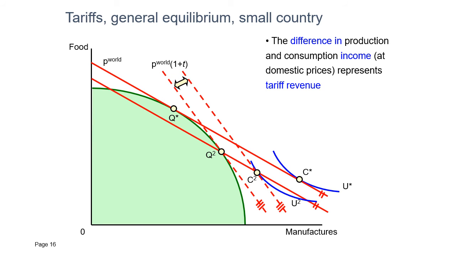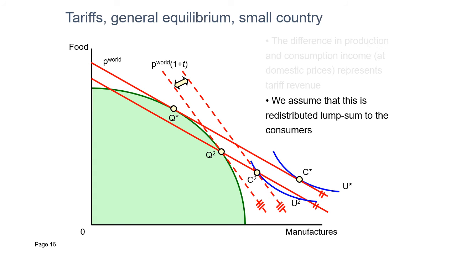So determining what type of tariffs you impose will determine the gap between the lines. And for the sake of simplicity, we assume that this tariff revenue is redistributed to consumers. It's given back to them.